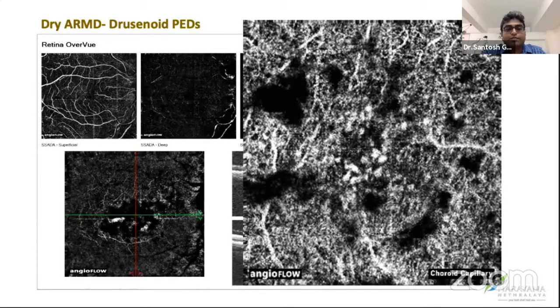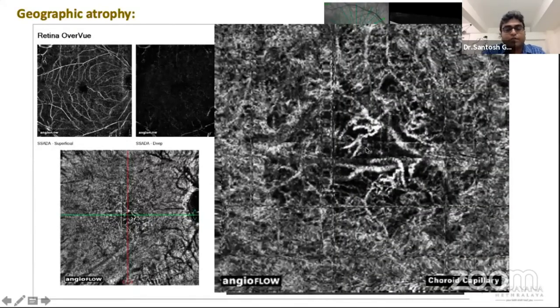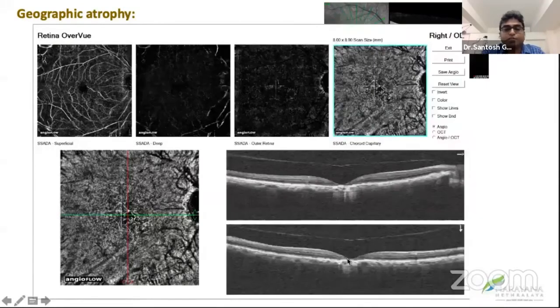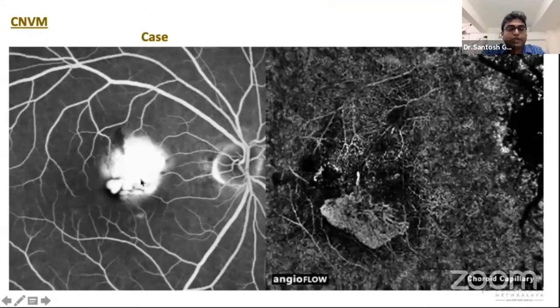Again, when we look at geographic atrophy, because of the atrophy here, the choroidal vasculature is more clearly defined. This doesn't mean that there's a CNVM here. These things have to be kept in mind, and any interpretation has to be correlated with the OCT B-scan. Coming to CNVM, when we have such a leak in the late phases, nothing much is seen.